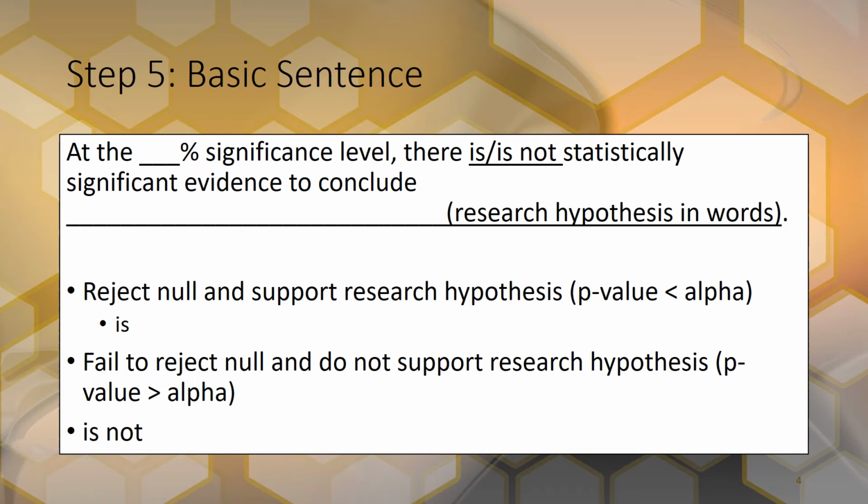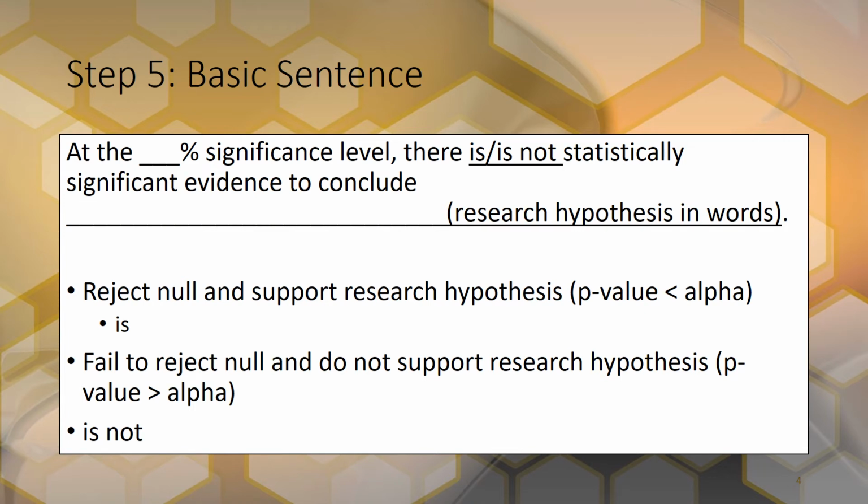Here is the basic structure of the sentence, and I'll give you an example in a minute. It says, at the blank percent significance level. So if 0.05 was your alpha level, then you put 5%. You take that proportion and put it in percentage form. If you had an alpha level of 0.10, you would put 10%. If it was 0.01, you put 1%. You just want to state your alpha level in the beginning.